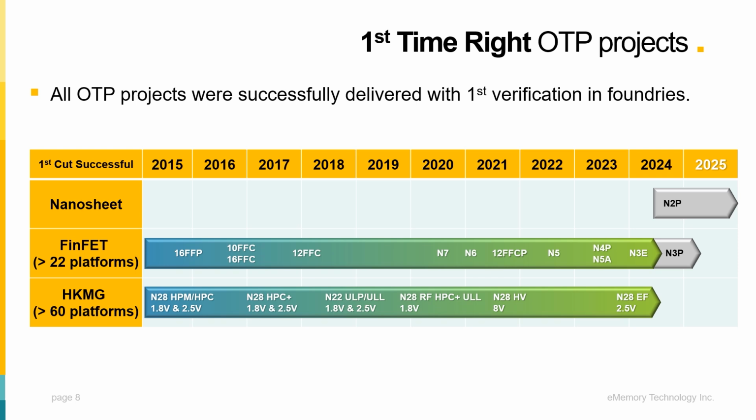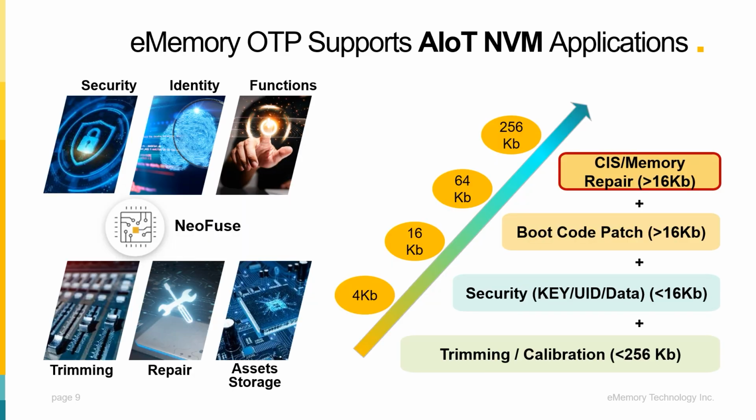On this page, we categorize OTP usage into 6 main applications: security, identity, function, trimming, repair, and asset storage. The right figure illustrates how OTP capacity varies according to its application. Low to medium capacity OTP is typically used for system data, trimming, and security-related functions.